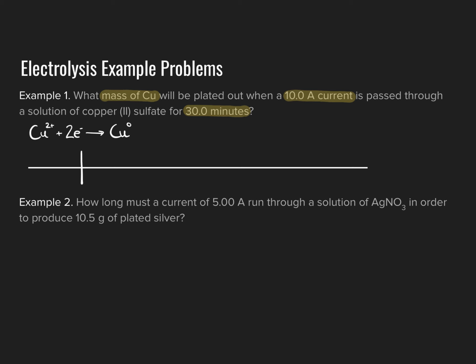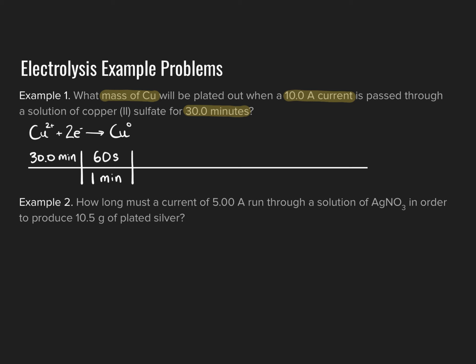So I don't want to start my monorail with that conversion factor, so I'm instead going to start here with the 30 minutes of time that has elapsed. And starting with 30 minutes here, the first conversion I'm going to make is per 1 minute of time passed, there are 60 seconds. And I need to get into seconds here because, again, by definition, an amp is coulombs per second.